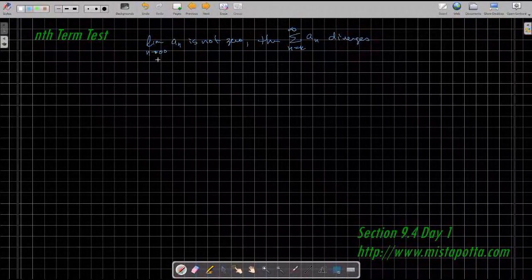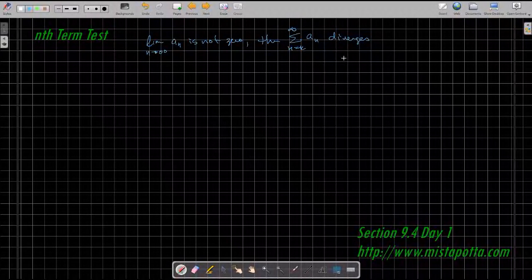In other words, if I'm looking at a limit and these terms are not getting smaller and smaller, if they are, say, approaching 1 or approaching 2, and if I add an infinite number of these 1s or 2s together, clearly I'm not going to get a converging sum.